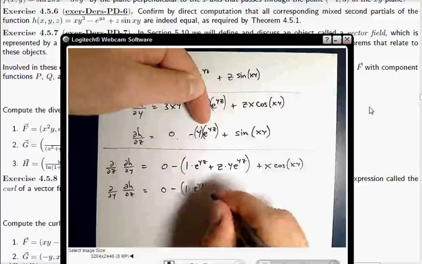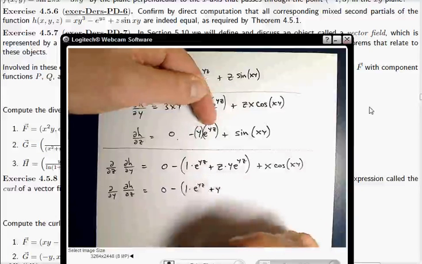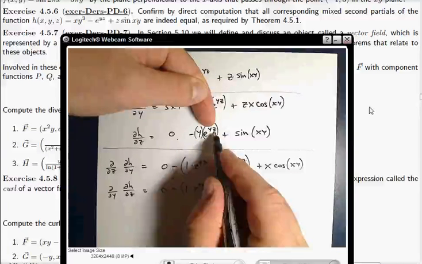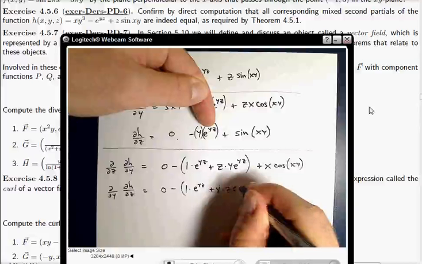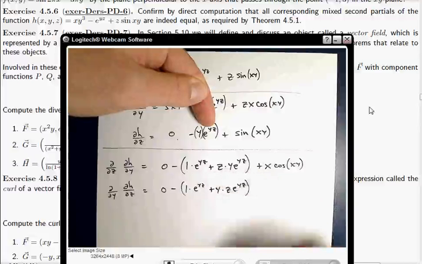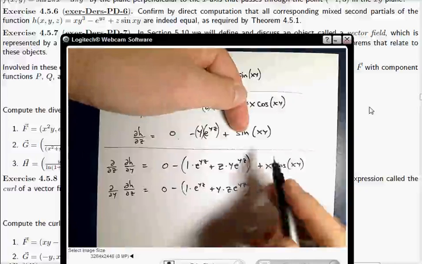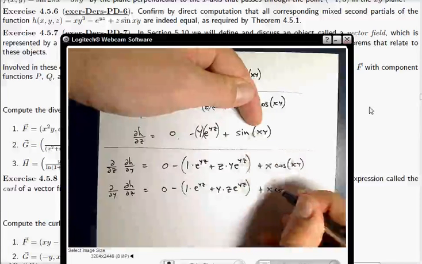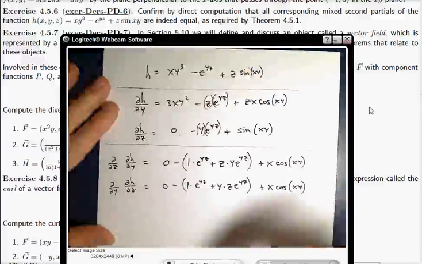Plus y times the y partial of this, in which z is a constant that gets kicked out, so I get z e to the yz. And then the y partial of this: x is a constant, x gets kicked out, I get x cosine xy. And conveniently, these are exactly the same.